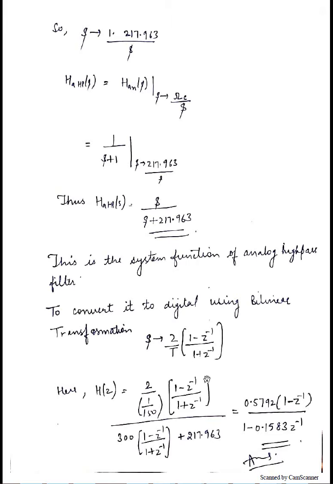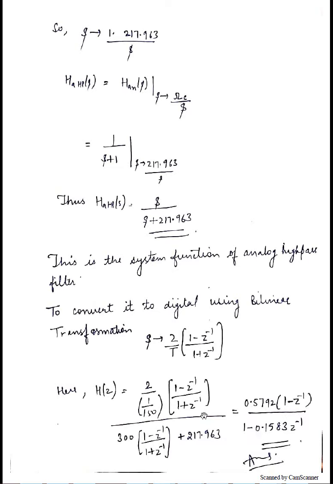If you solve this a little bit mathematically, we will get the final equation as 0.5792 into 1 minus Z inverse divided by 1 minus 0.1583 Z inverse. So basically this equation is for the digital high pass filter, which was the motive, and the cutoff frequency is what was given. We have to design with 30 hertz.